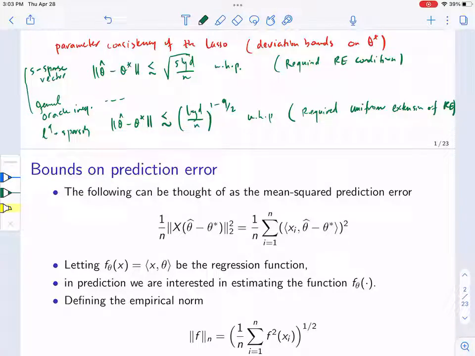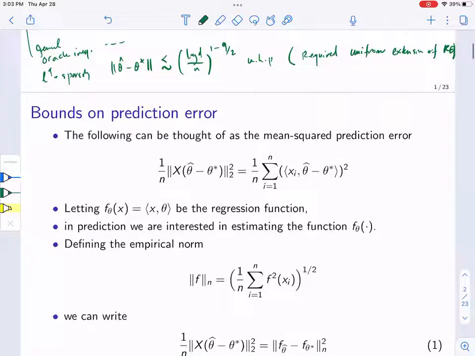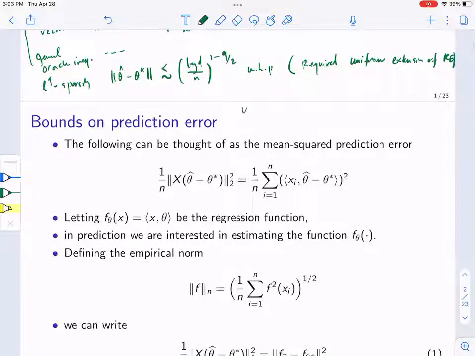There are other problems that you can solve in the context of linear regression, or other performance metrics, basically. One is prediction bounds. If you don't care about the actual parameter, but you want to have a good predictor. So what do we mean by prediction? If you recall, the linear regression model is something like this, i from 1 to n.